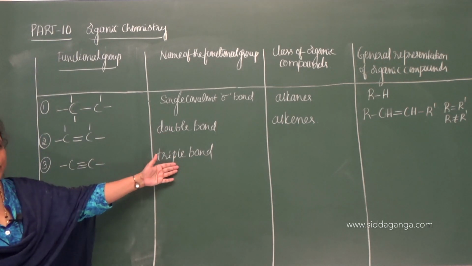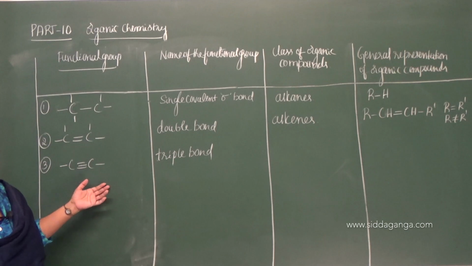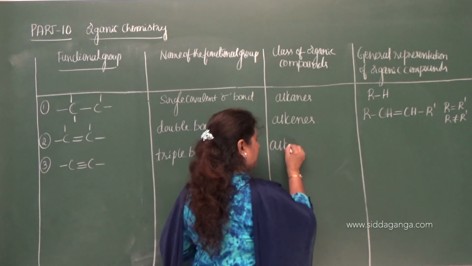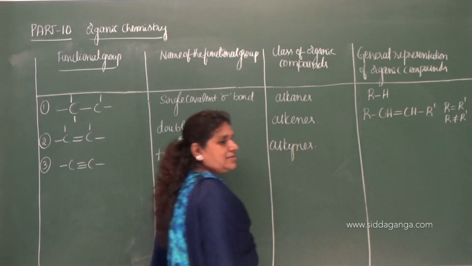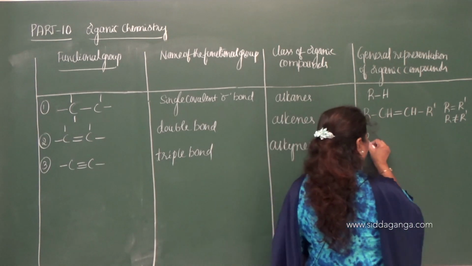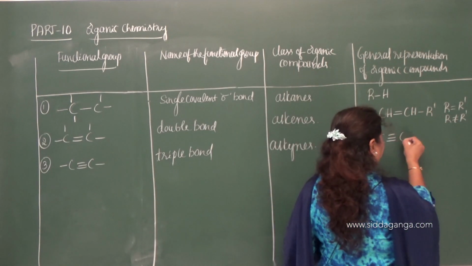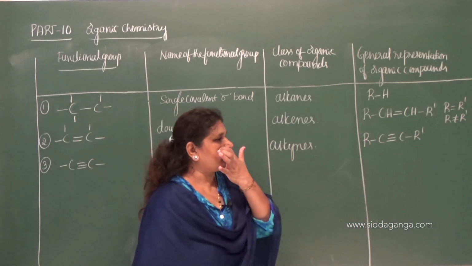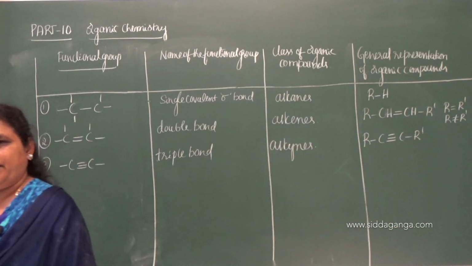Aliphatic unsaturated compounds where we have double and triple bonds are further classified into alkenes and alkynes. The class of compounds is alkynes and the general representation is R C triple bond C R dash. Again R and R dash may be the same or different.